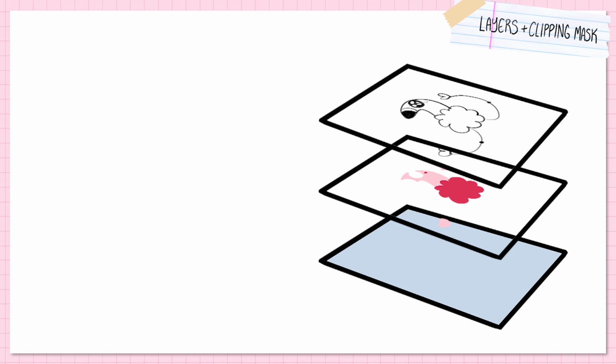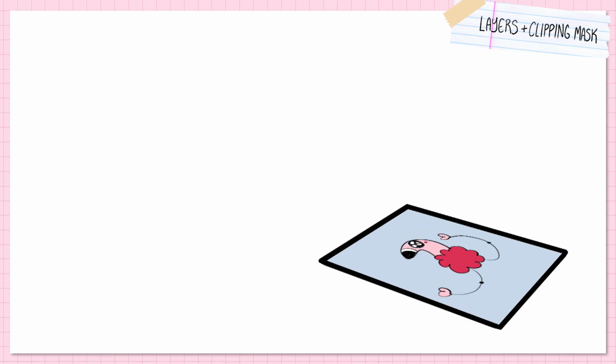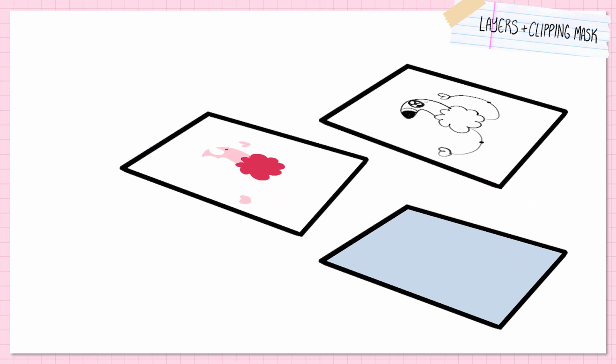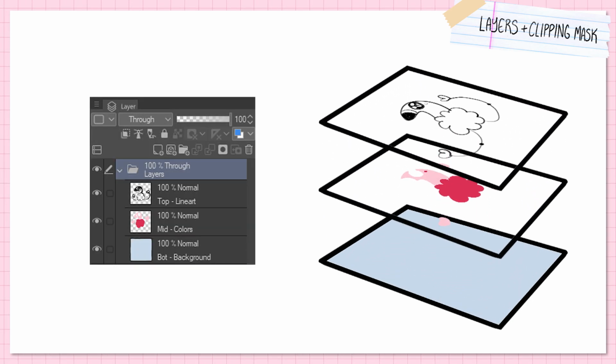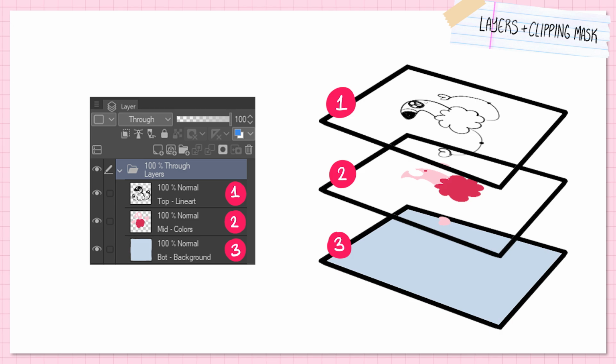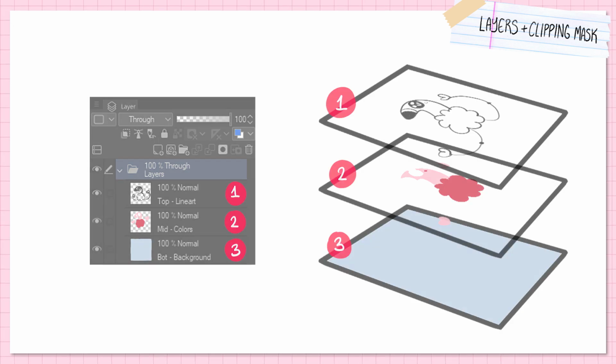Yeah, those. Whatever you draw on the top layer or the top transparent paper will always show up on top of your drawing. Whatever is drawn on the bottommost sheet or the bottom layer will be covered up by everything above it. In digital art, layers are most commonly used to structure a piece of artwork.